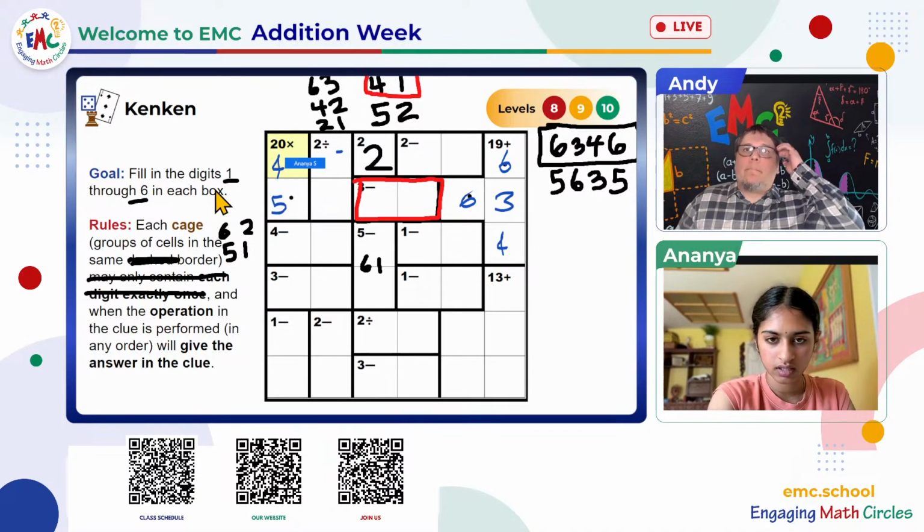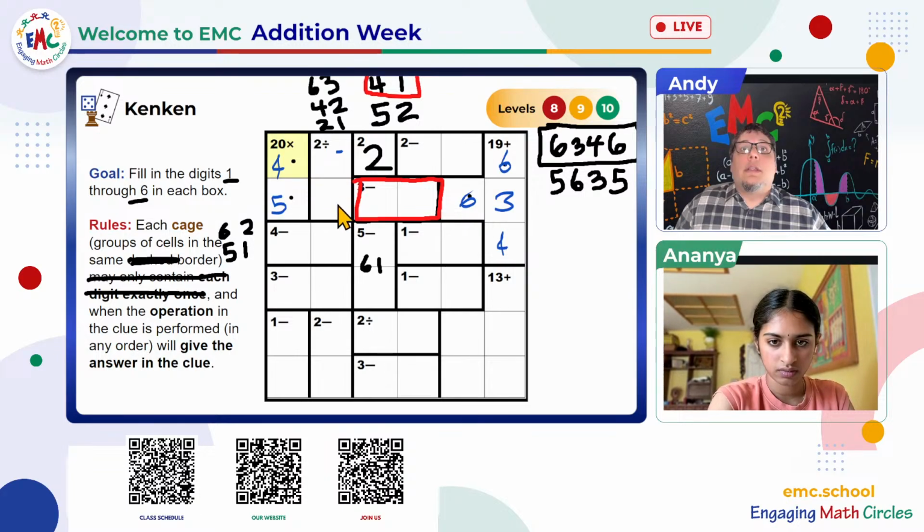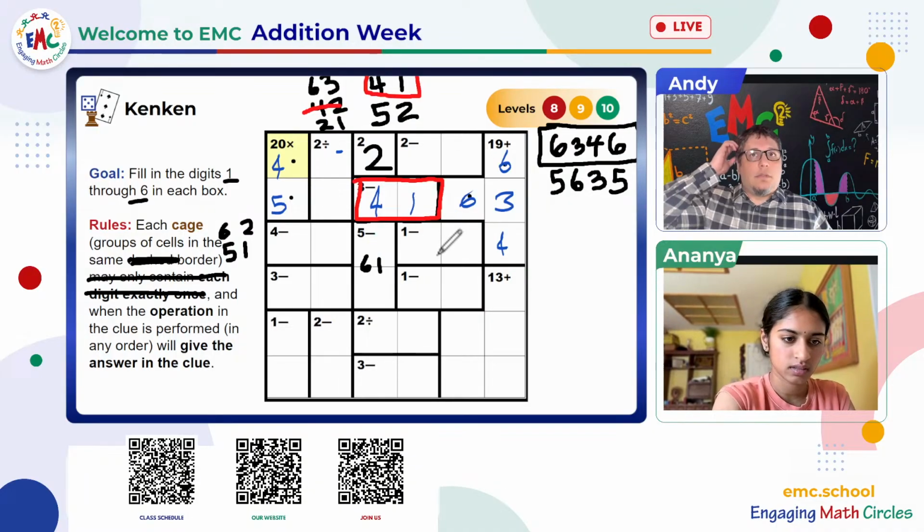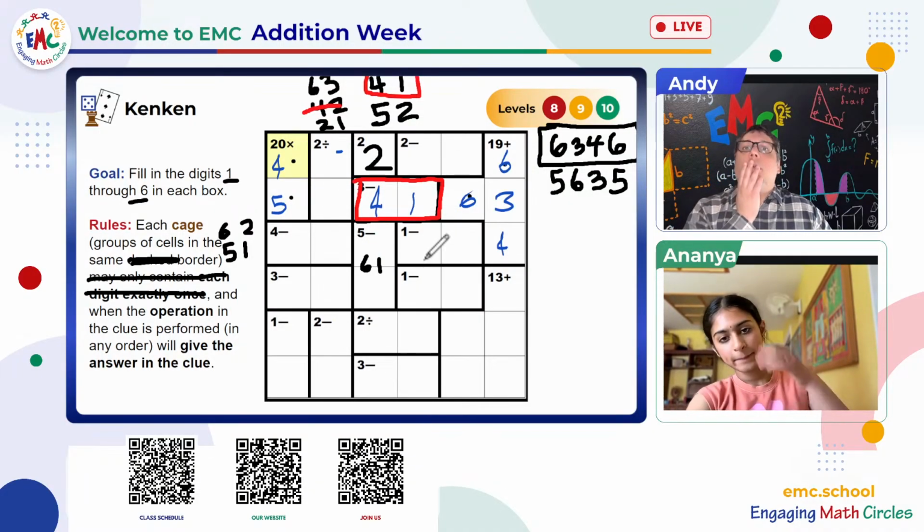And then what orientation? The 4 has to be here, and the 1 also can't match up with this. So this is a 6, or 6-1 has to be.